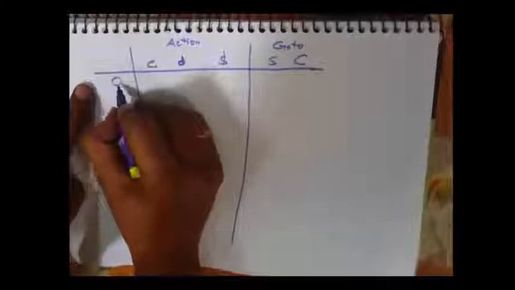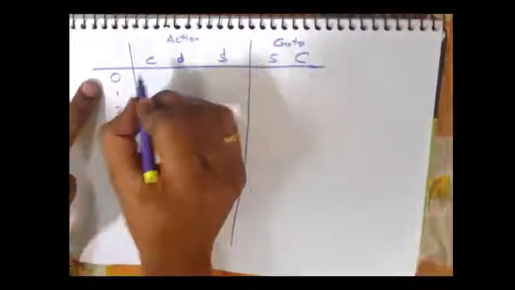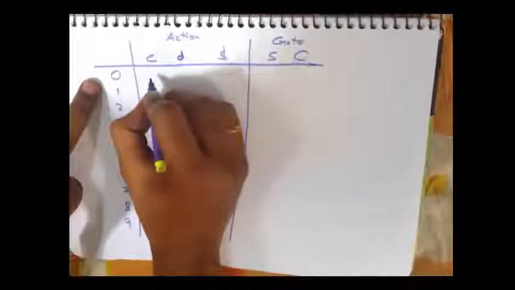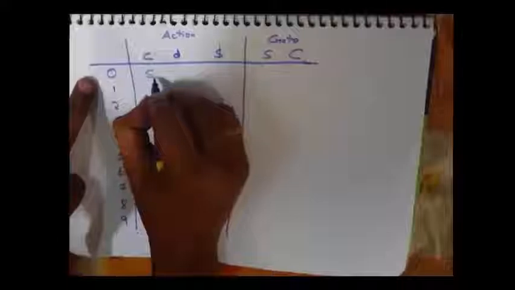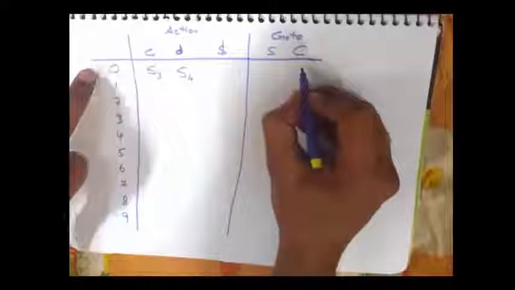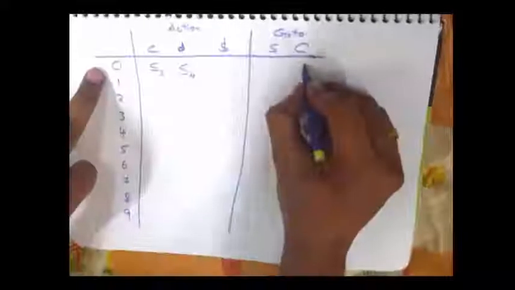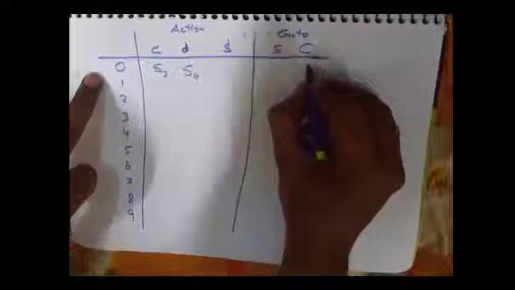When we are in the 0th state, if there is a transition of C from 0, we can directly reach the 3rd state. Similarly, when there is a transition of D from 0, we can directly reach the 4th state. Similarly, there is no transition for dollar, and there is a transition for S from 0, which gives us the first state, and a transition for C from 0, which gives us the second state.